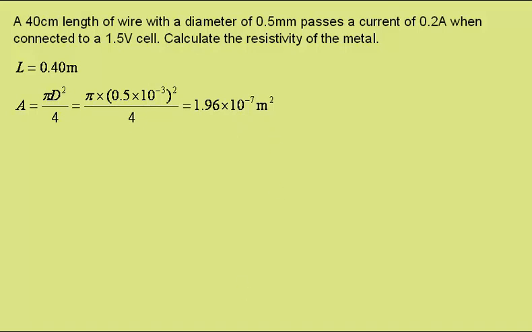If you're more comfortable in first finding the radius by halving the diameter and then using area as equal to pi r squared, feel free. It's just one extra calculation to do.